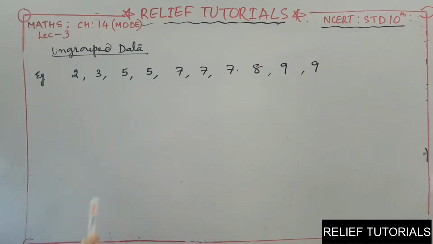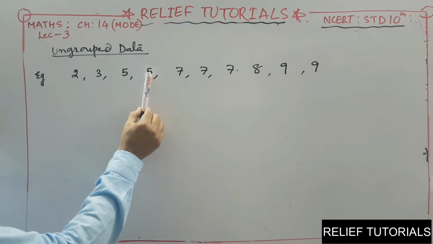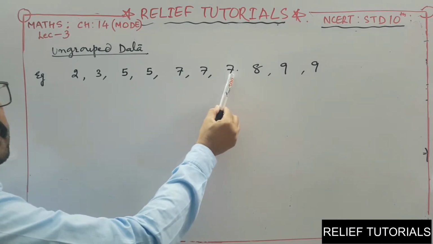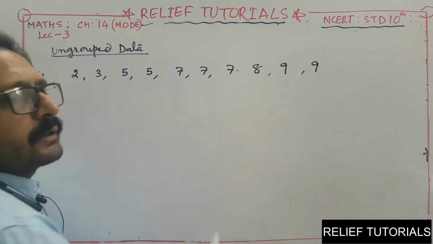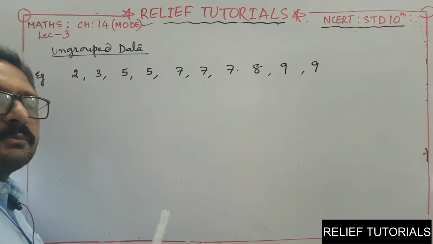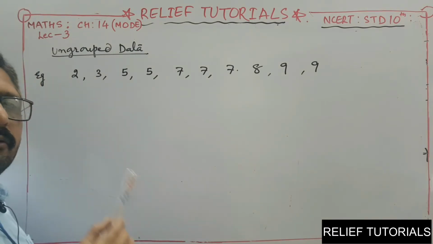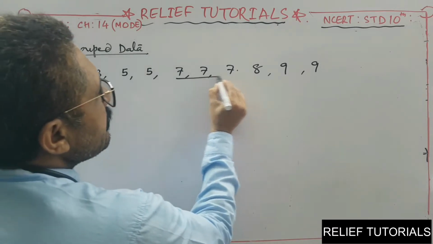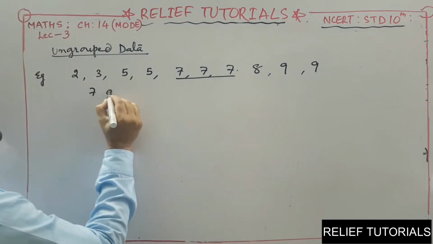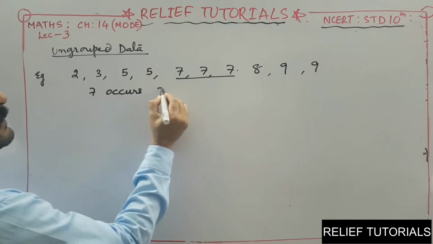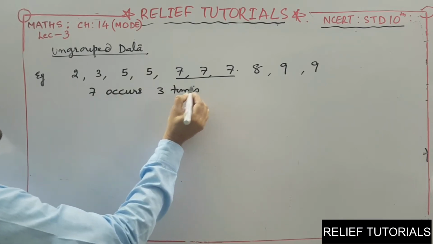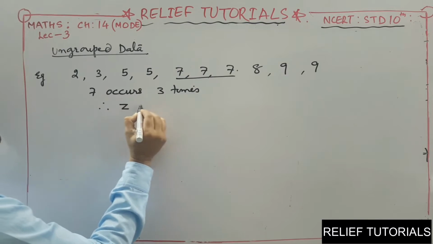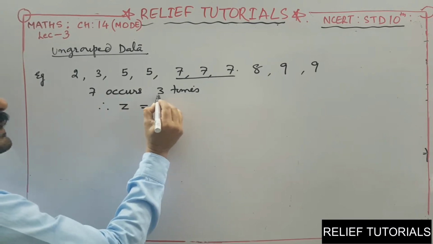Now you see here, 5 occurs 2 times, 7 occurs 3 times, and 9 occurs 2 times. So the observation which occurs most frequently, the value of that observation is called mode. So here, this 7 occurs 3 times. Therefore, mode is 7, not 3.